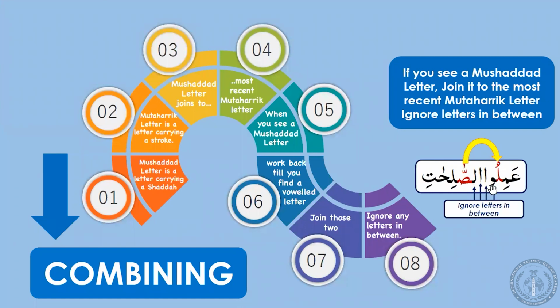So I ignore them. I ignore also the vowel again because it doesn't have any stroke. It's not a mutaharrik letter. Then I look at the letter before that one. It's this lam. Is this a mutaharrik letter? Well, yes, it is because it has a dhamma. So that means I will join the lam with the sad. Okay, and I would read as lusso.